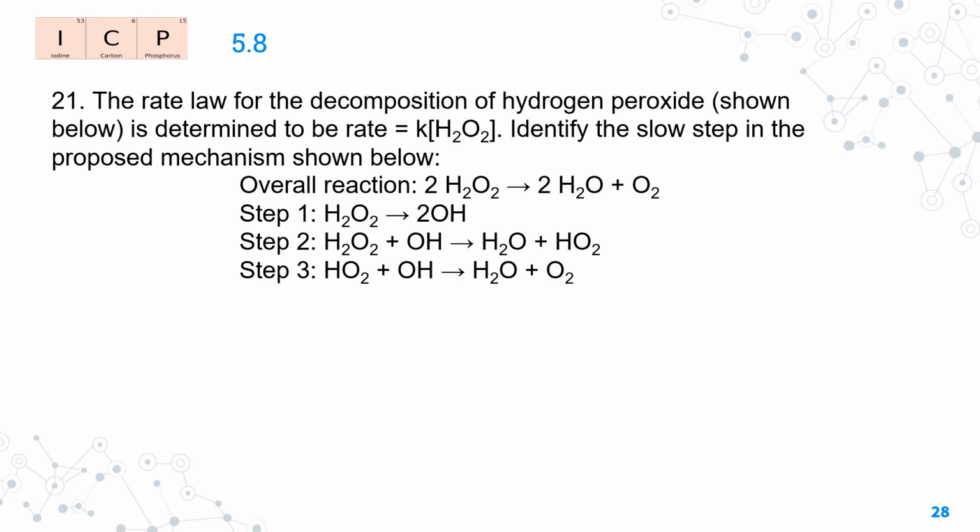All right, so here's question 21. The rate law for the decomposition of hydrogen peroxide shown below is determined to be rate equals k, the concentration of hydrogen peroxide. Identify the slow step in the process in the proposed mechanism below.